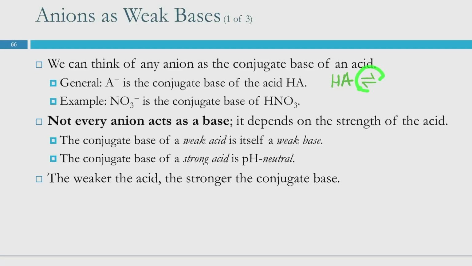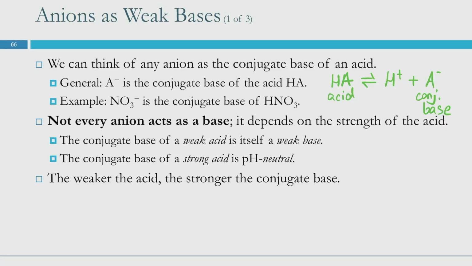So possibly with an equilibrium arrow, we've got H plus and A minus. HA being our acid, A minus being our conjugate base. And that's all fun and good.